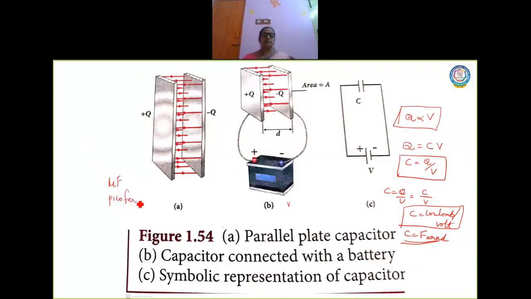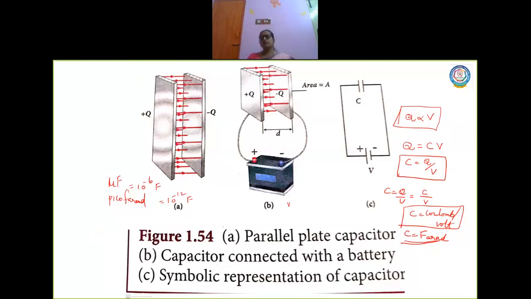We will not use 1 farad. What is microfarad? Hope you are familiar. What is micro? 10 power minus 6 farad. Picofarad is 10 power minus 12 farad. So these are the smaller units. We will be using these smaller units because farad is considered to be a very high value.